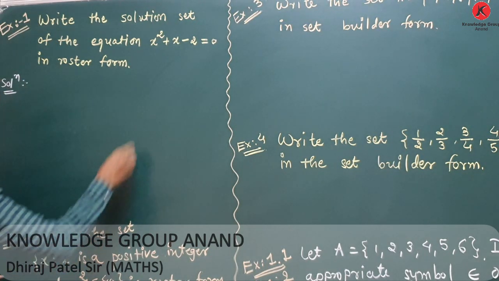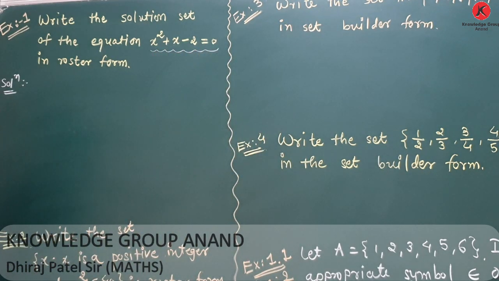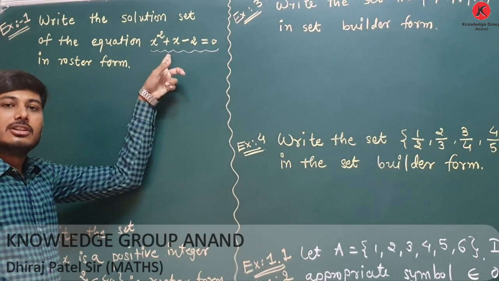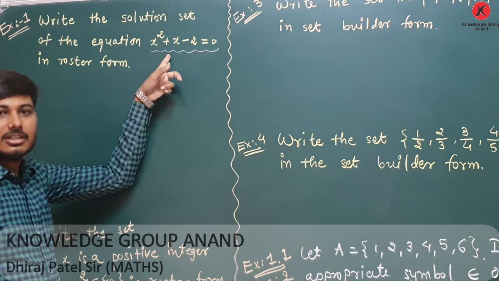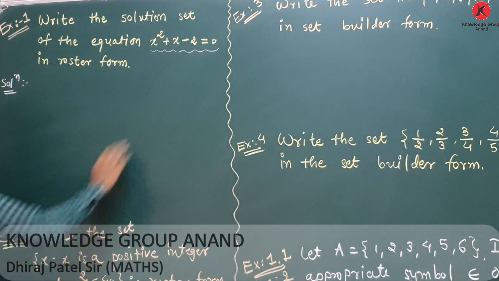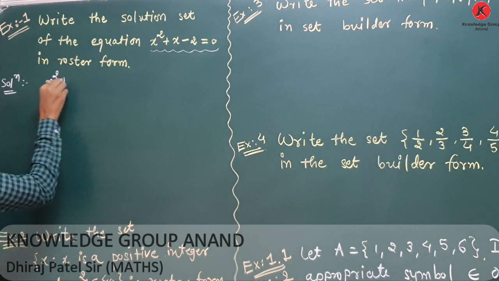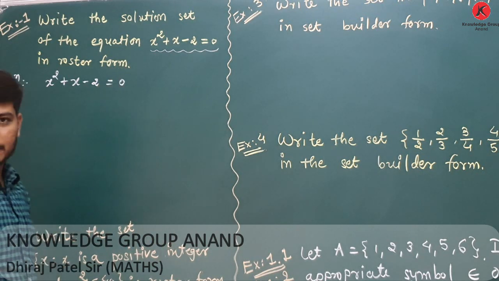Now, you know that this is a quadratic equation, and the solution of this quadratic equation can be found out by different methods. First of all, I am finding the solution of this quadratic equation by splitting the middle term.